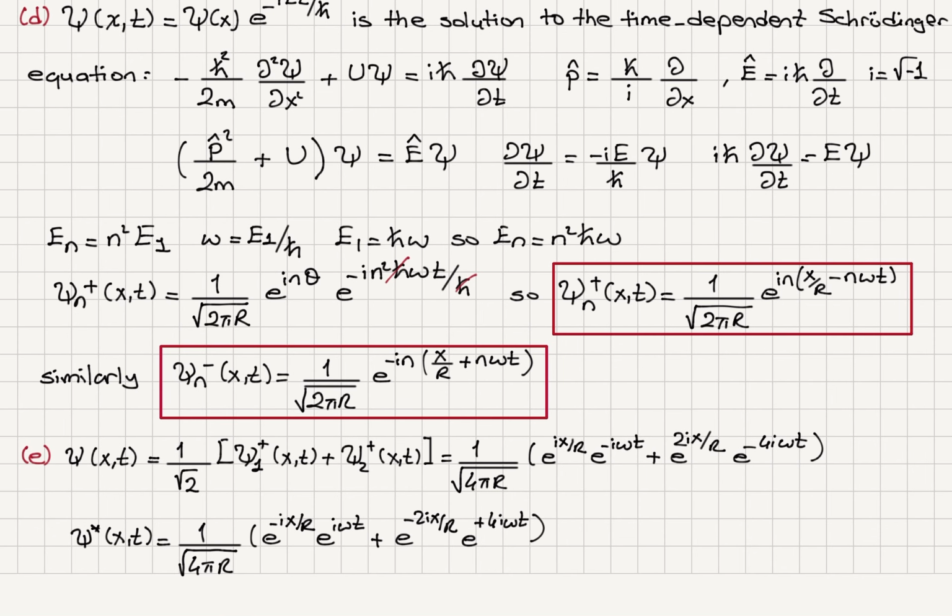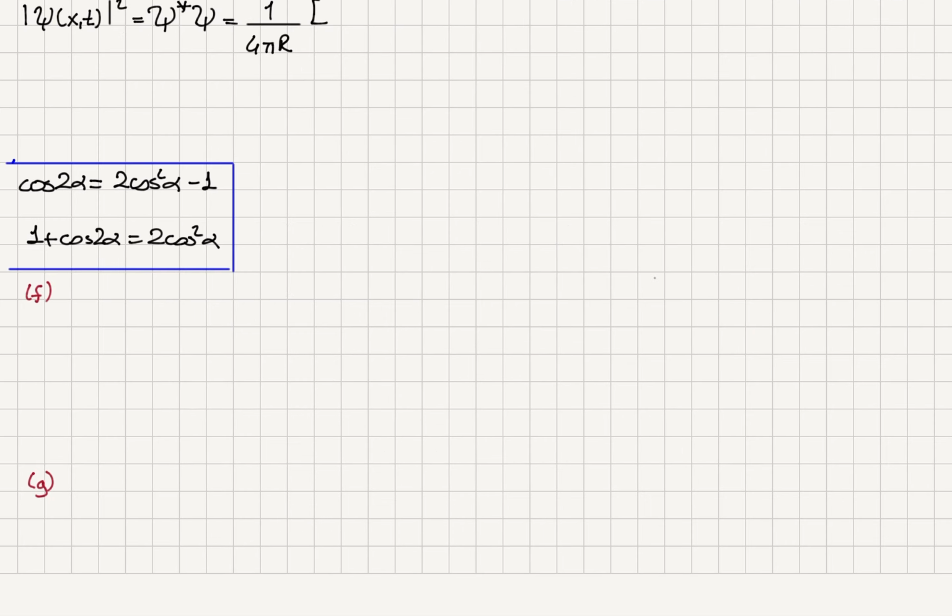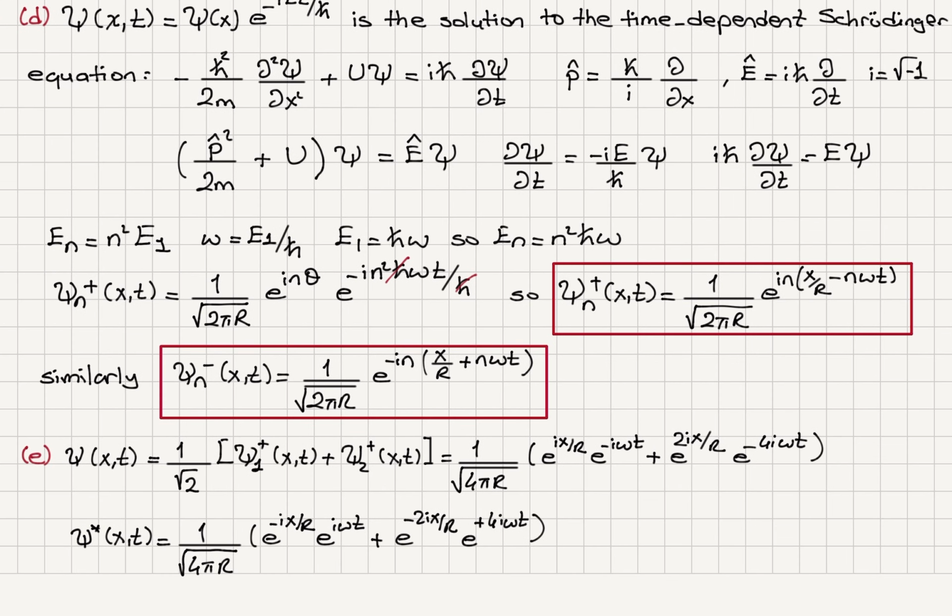So the first term here, e to the i x over R, e to the minus i omega t, times e to the minus i x over R, e to the plus i omega t gives us e to the 0, which is 1, plus, then we move on to the second term, 2i x over R minus i x over R, e to the plus i x over R e to the minus 3i omega t.